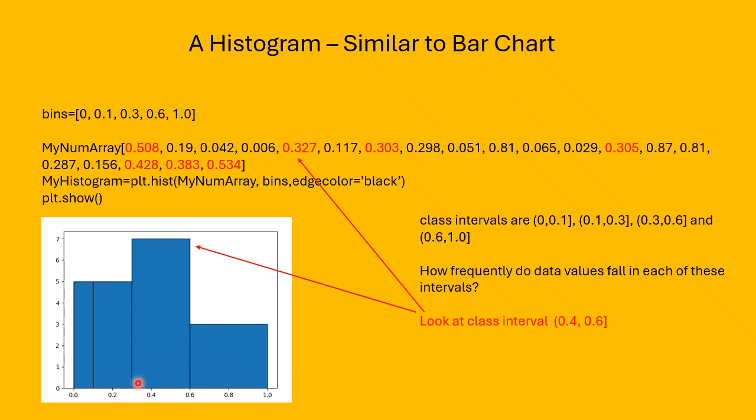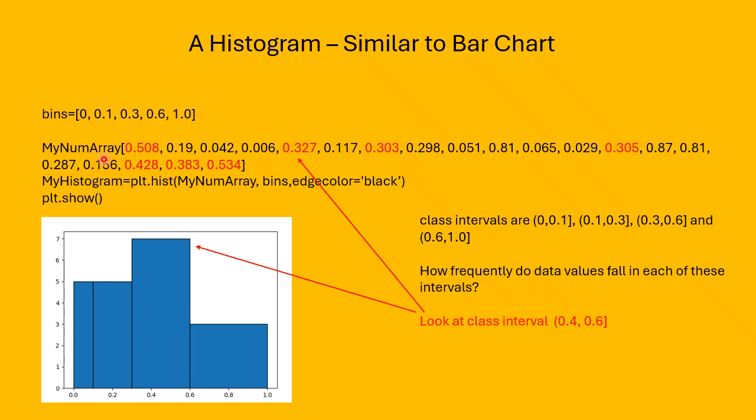On the horizontal axis, which you might think of as the x-axis, we have our class intervals that are found from this Python statement. The bins contains a list, and these are the endpoints of all of those class intervals that we saw down here.